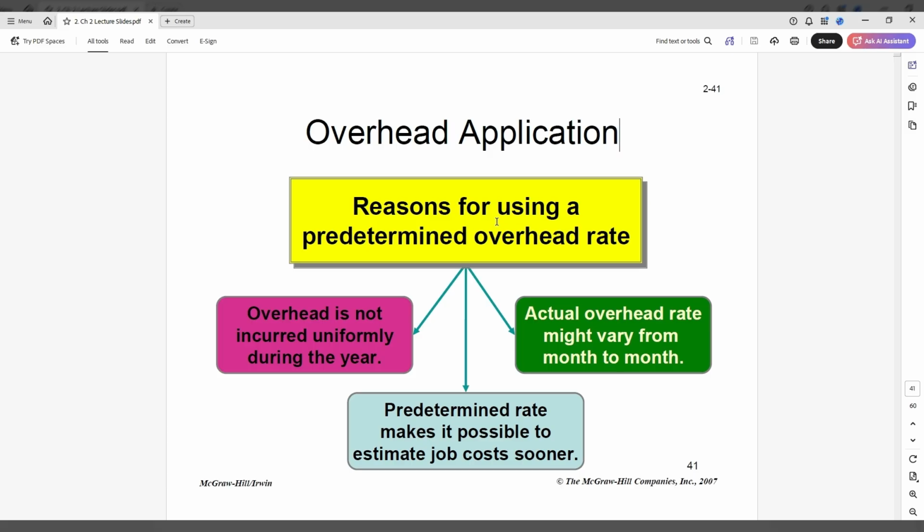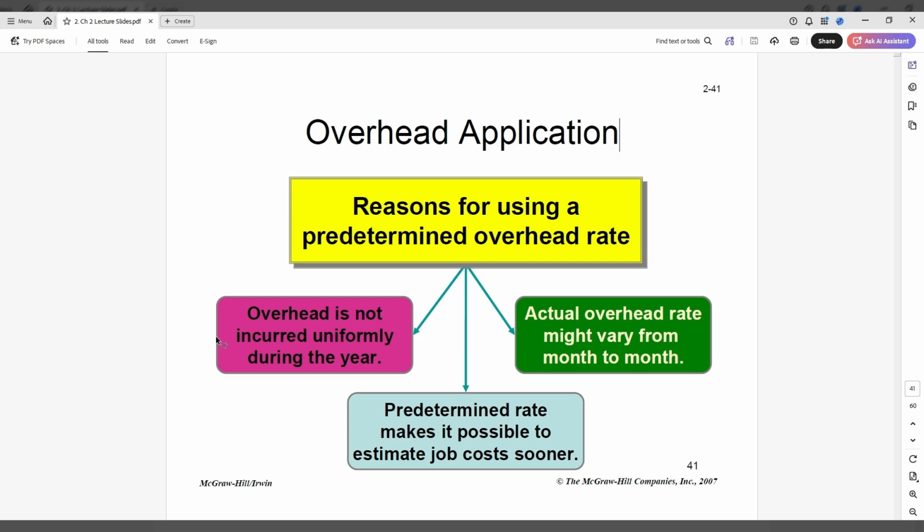And maybe we only use WD-40 every other month, but somehow we're going to know that we needed this little portion to apply to that job. So it would be impossible, basically, to somehow really develop some method to apply all those costs to a given job, unless maybe you only have one job during the year, I suppose.